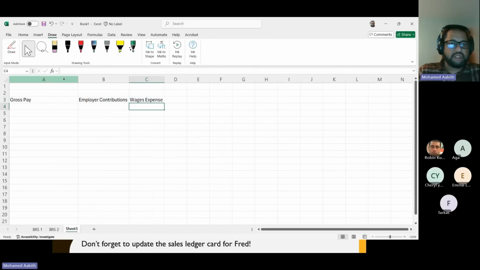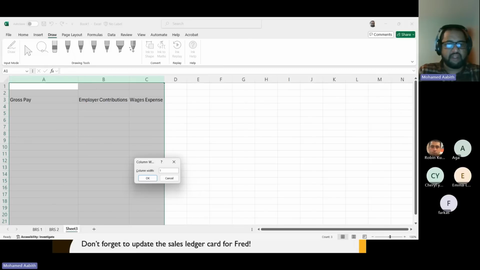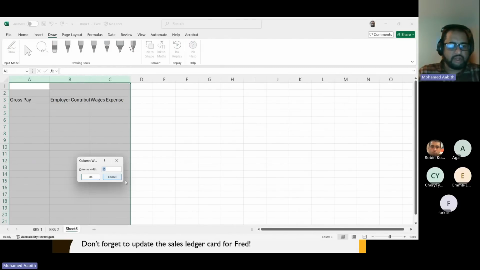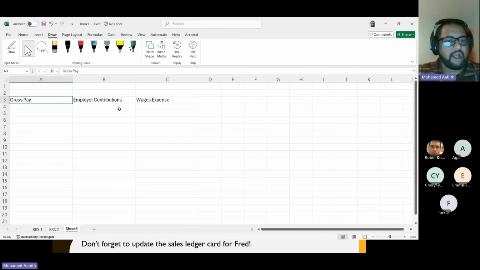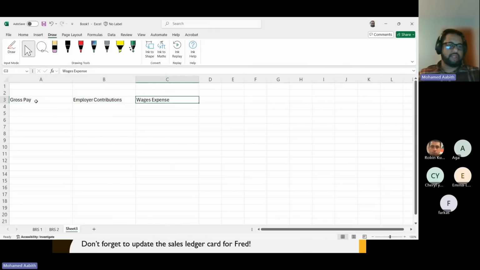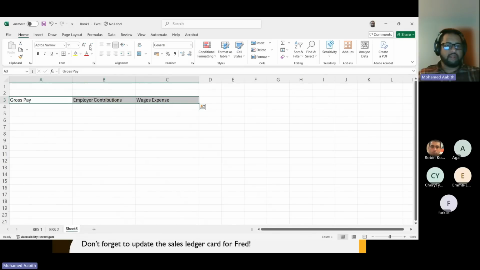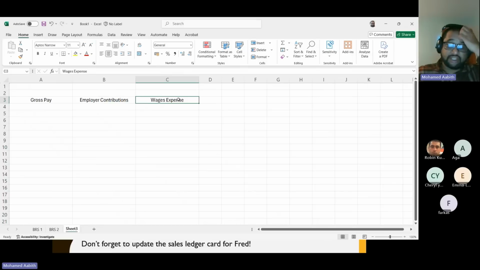So let's put these two next to each other. Column width, I say 15, so it has to be 24. Okay, let's make it that way. So this plus this will be equal to that one. Let's go home, and then I'm going to centralize this all. Okay, that's fine. So gross pay plus employer contribution will be your wages expense.